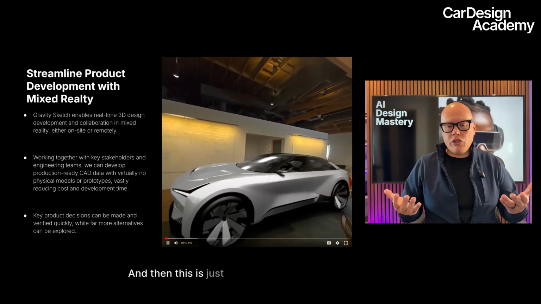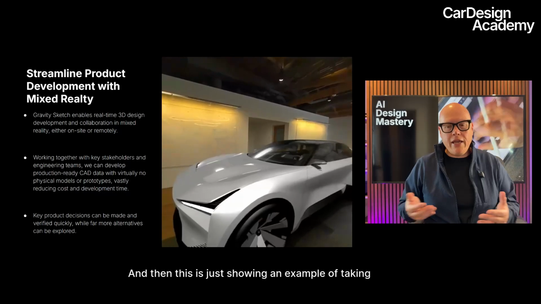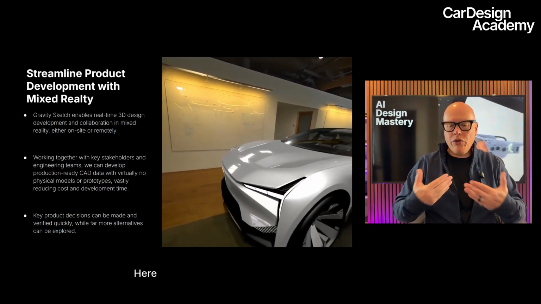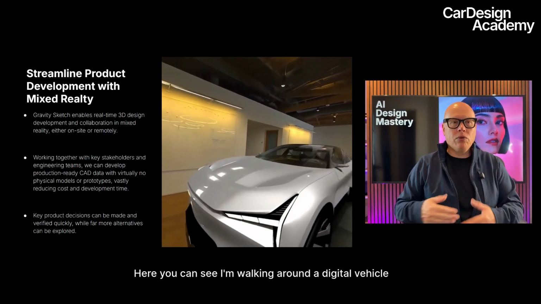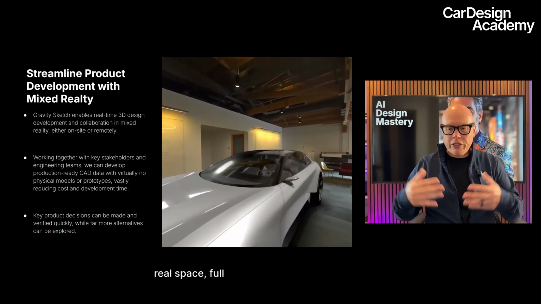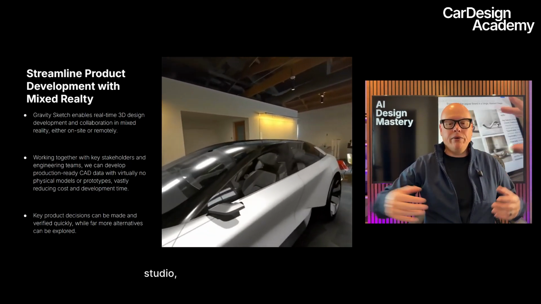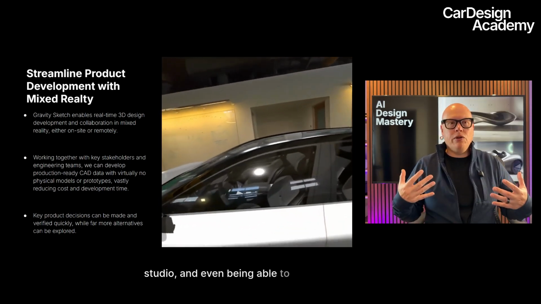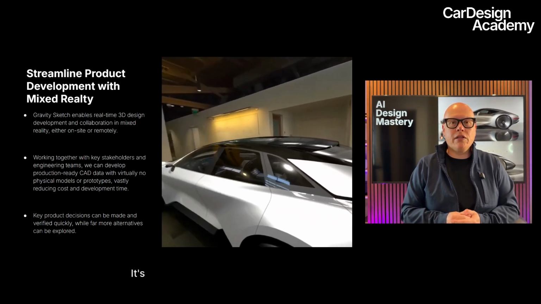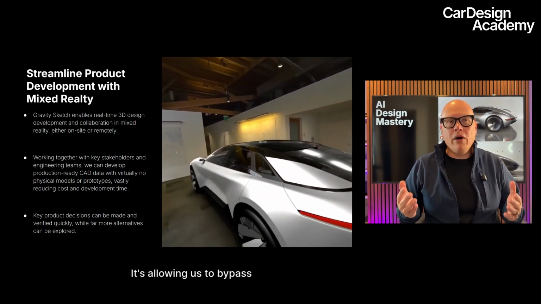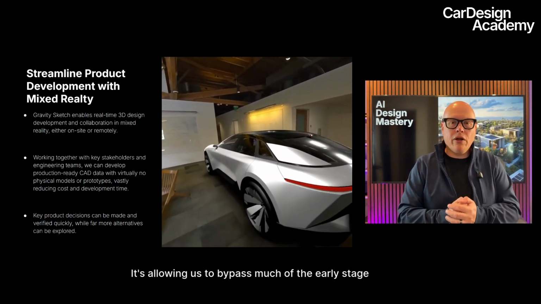And then this is just showing an example of taking a design into mixed reality. Here you can see I'm walking around a digital vehicle in a real space, full scale, sitting on the floor of a real studio, and even being able to get inside the vehicle. This is a really powerful tool. It's allowing us to bypass much of the early stage physical modeling.